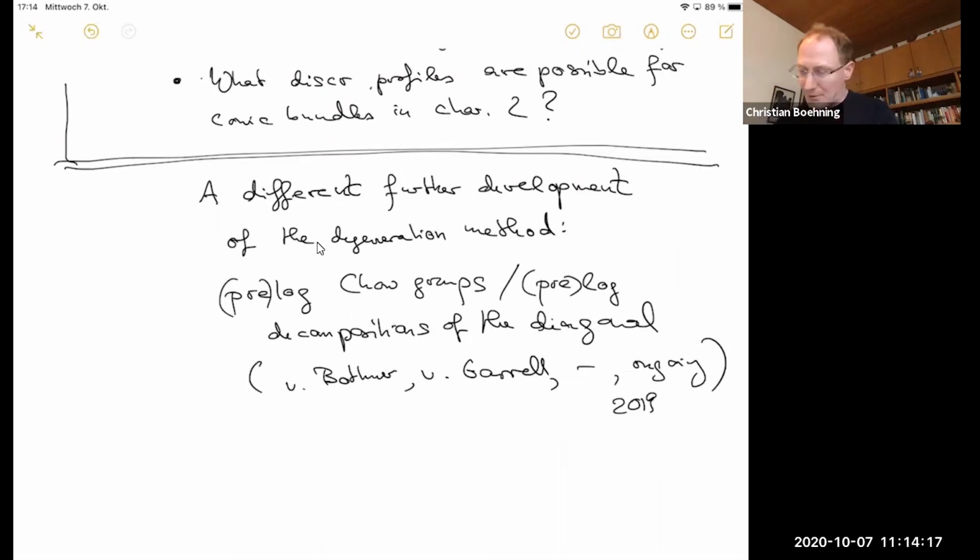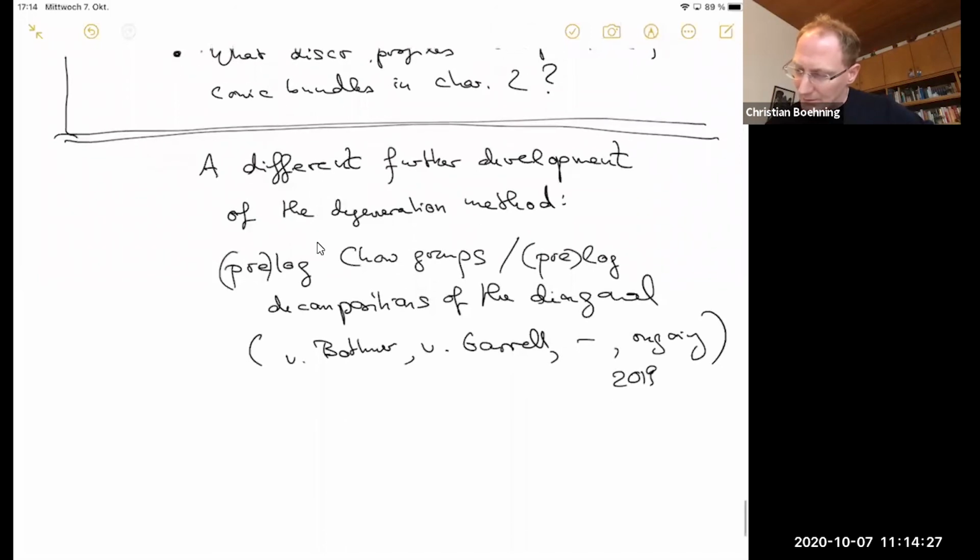So let me just very quickly say that. How does the argument for the degeneration method work in the classical setup? What is Voisin's argument essentially?